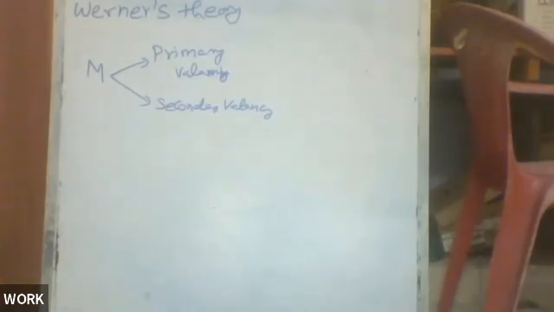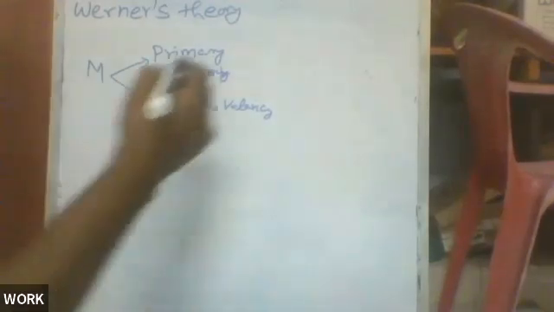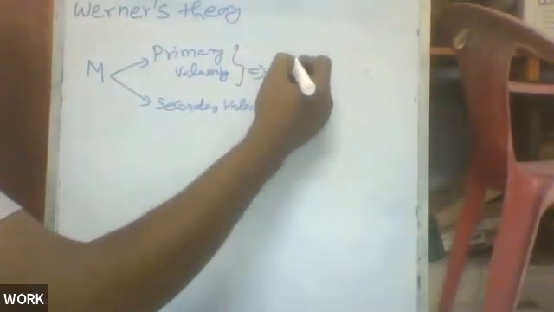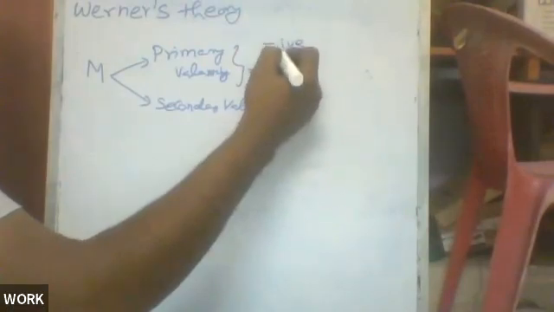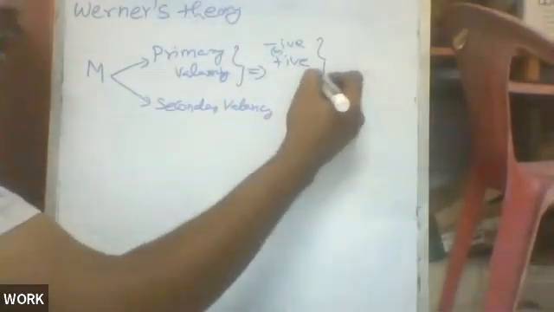So here what we are saying, metal has two types of linkage, which we call valency. One is primary and another one is secondary linkage. The primary valency will be satisfied by negative ions, or it can be positive or negative ions, but it will be ionizable. So it will be an ionizable bond.